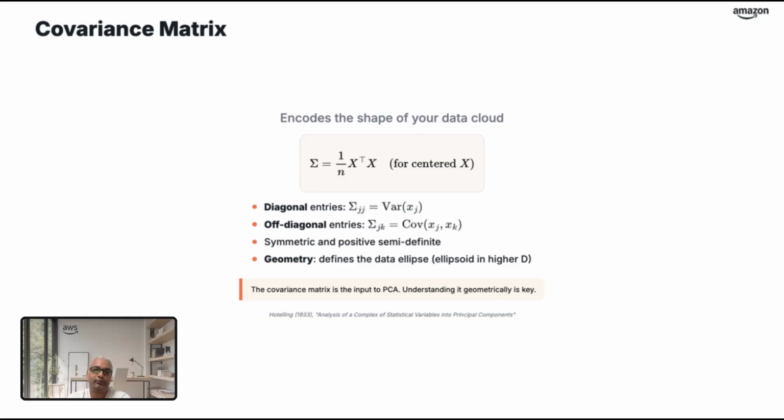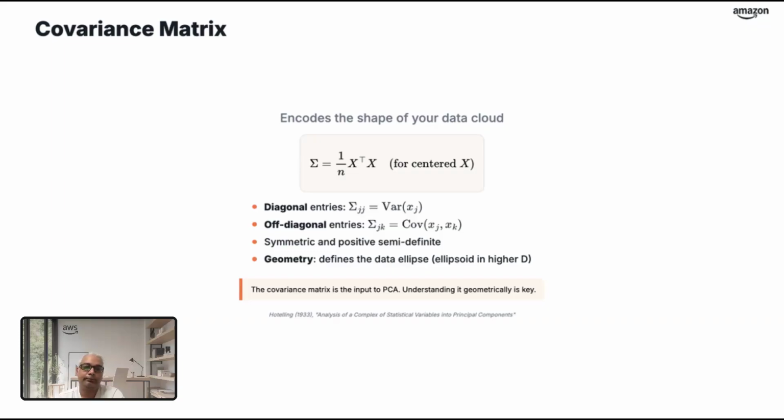If our centered data matrix is X, then the covariance matrix is 1 by n times X transpose X. The diagonal entries give the variance, and the off-diagonal entries provide us with the sample covariance. This matrix is also symmetric and PSD.